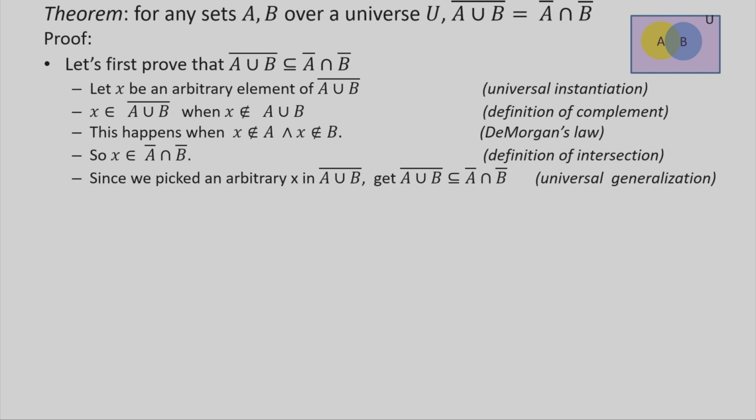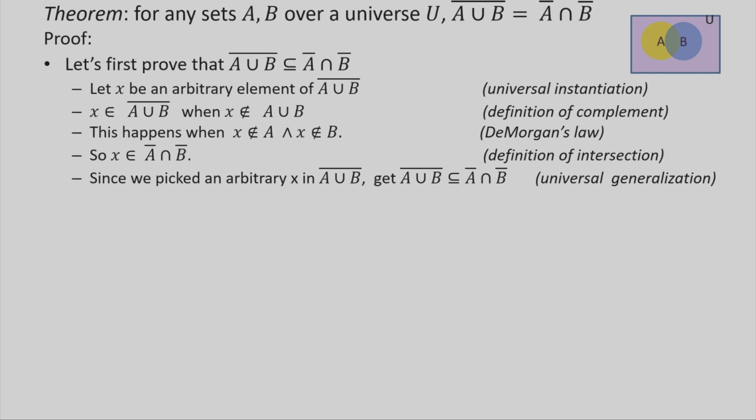So complement of A union B has all of its elements inside complement of A intersect complement of B. And here's how the proof will go. First we say let's take any arbitrary element of complement of A union B, and our goal is to show that this element must be in the set on the right hand side.